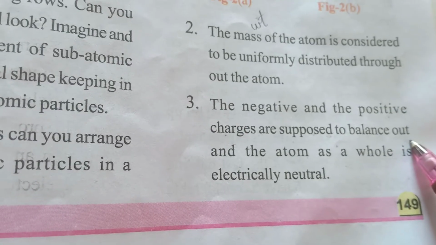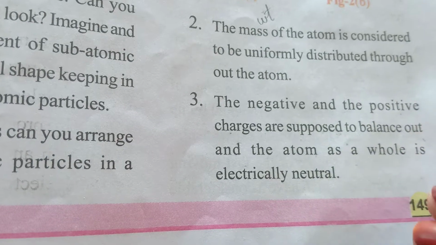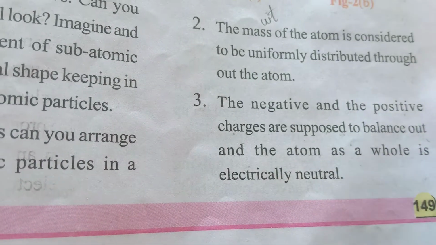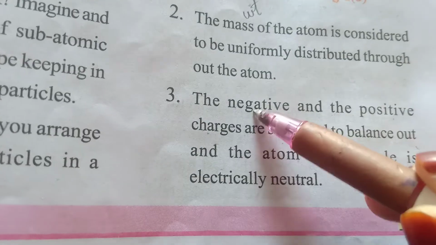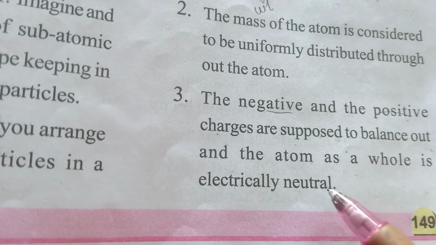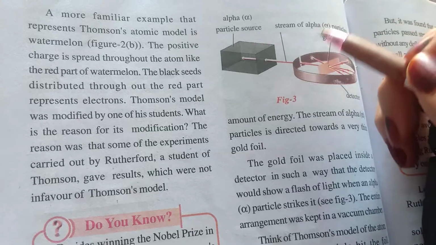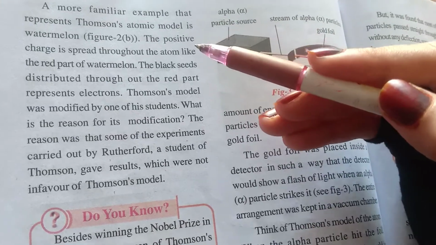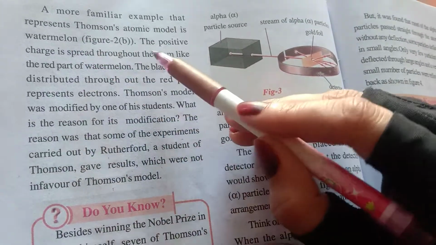So the positive and negative charges maintain the balance of the atom, and it is electrically neutral. Similar to the plum pudding model, I also told you about the watermelon.